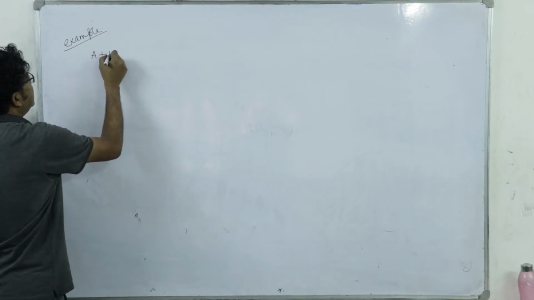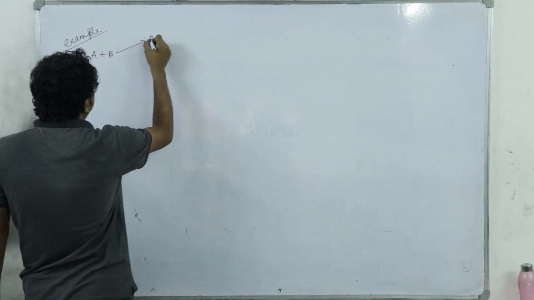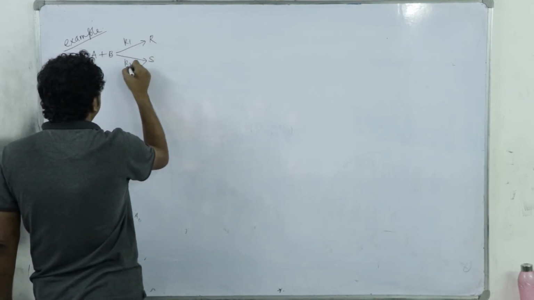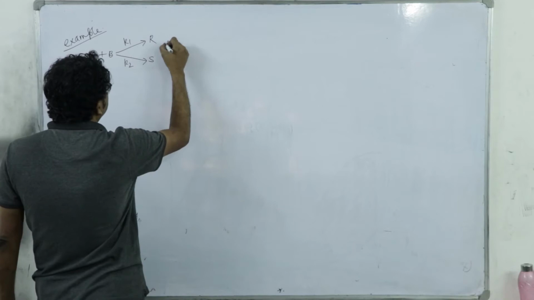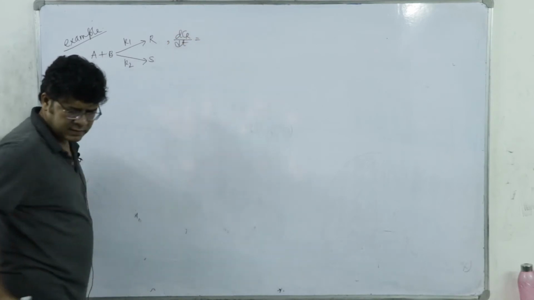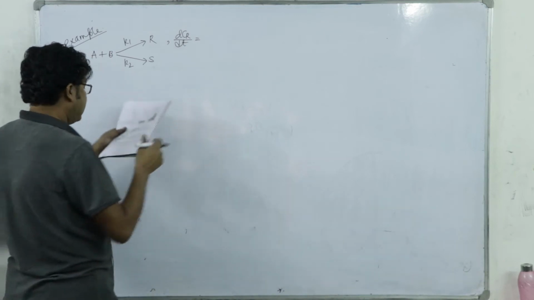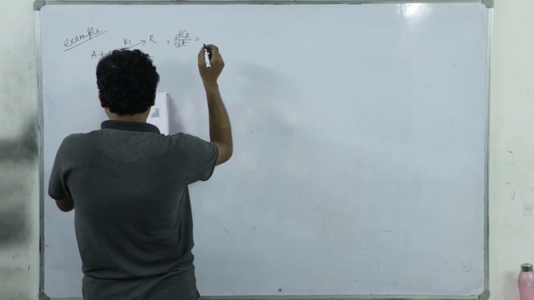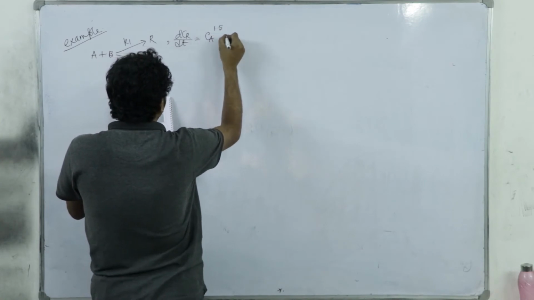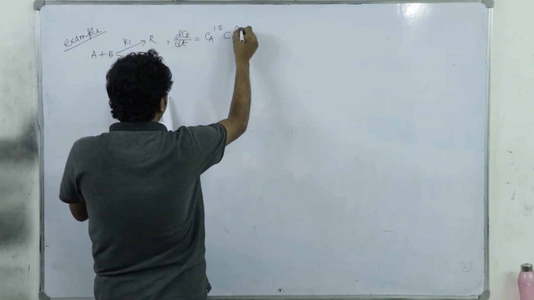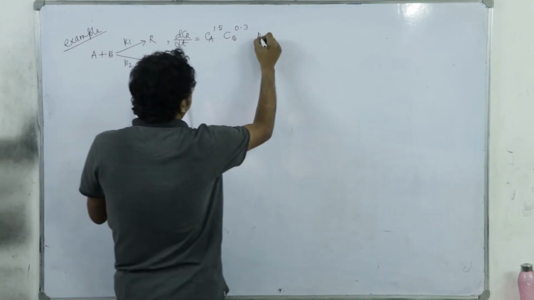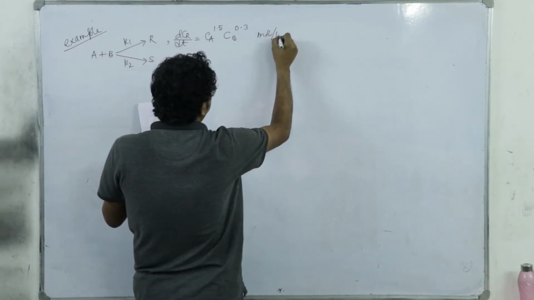A plus B giving R, and A plus B giving S, with rate constants K1 and K2. dCR/dt is given as Ca to the power 1.5 into Cb to the power 0.3, in mole per liter per minute.